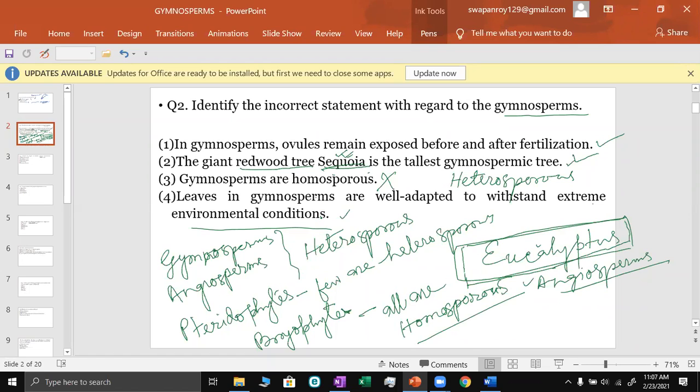So all the spores produced by a particular species are similar in their size and physiological behavior. So our answer is number 3, the incorrect statement.